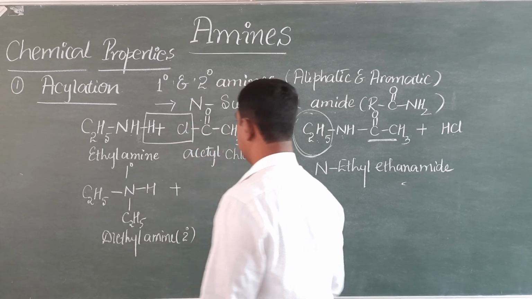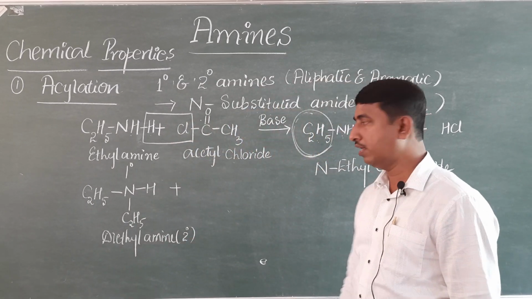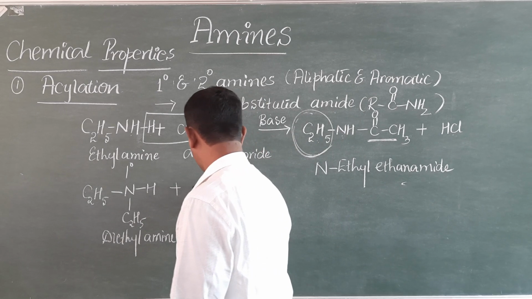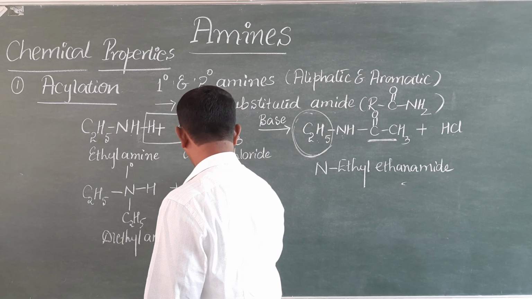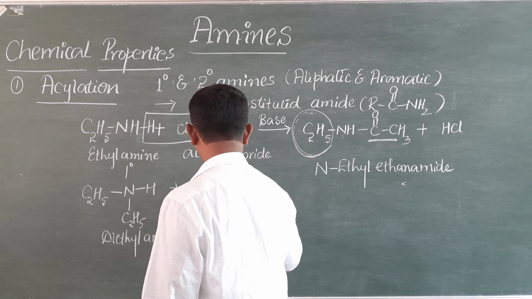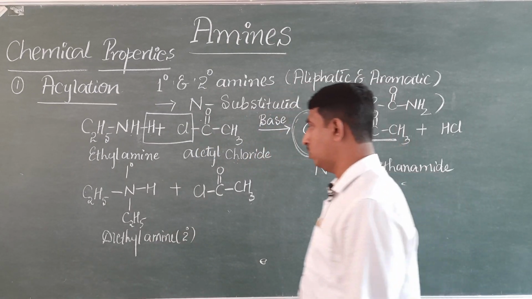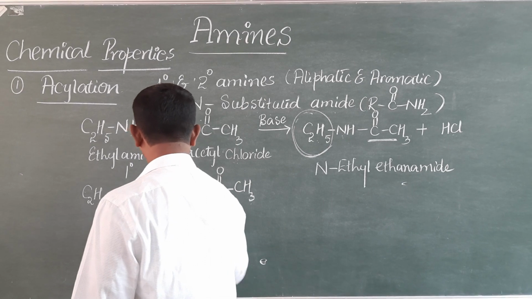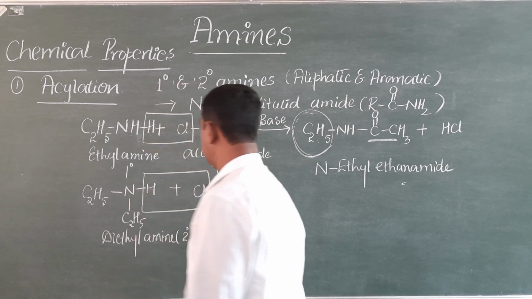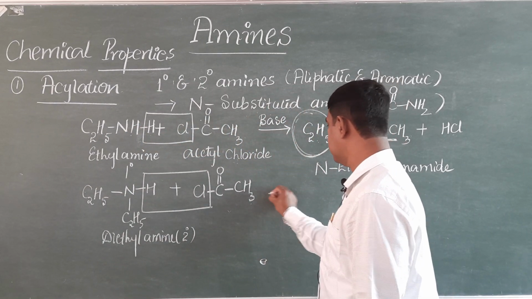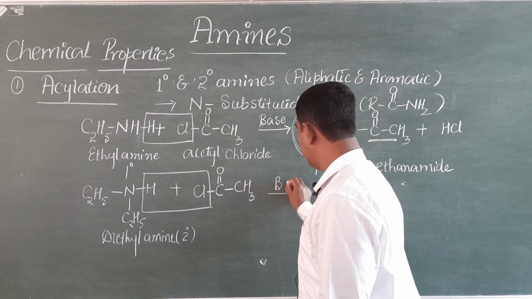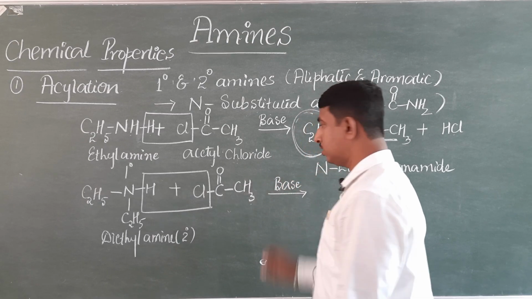When it reacts with acid chloride, the formula of acid chloride is Cl-C double bond O-CH3. This is acetyl chloride. Removal of HCl takes place. The reaction is carried out in the presence of a base.